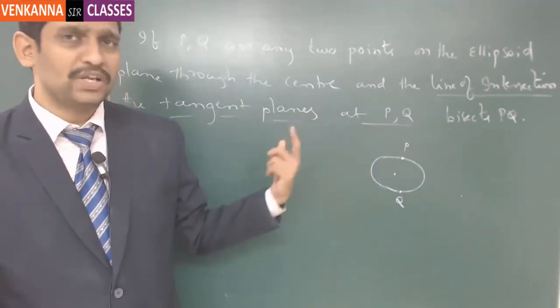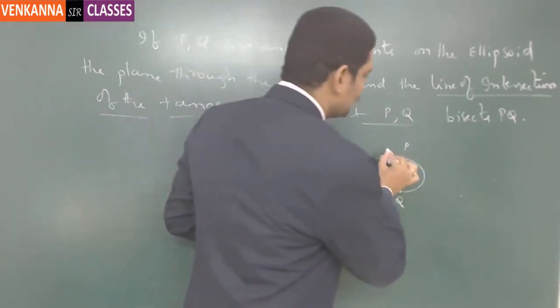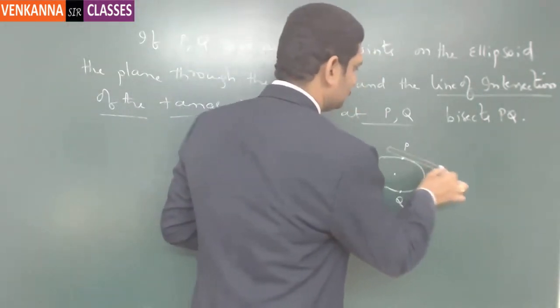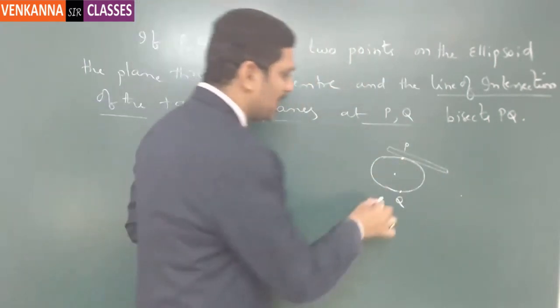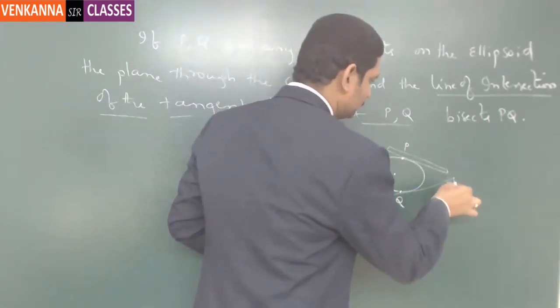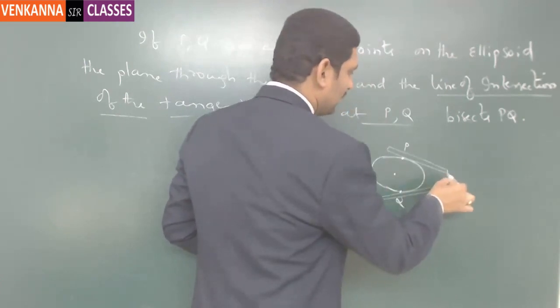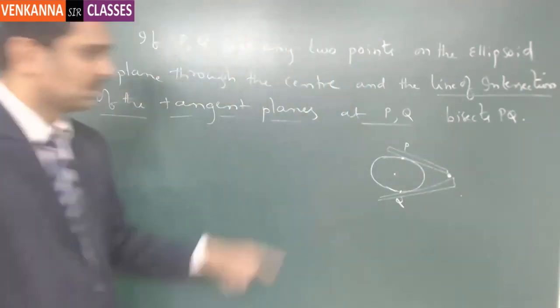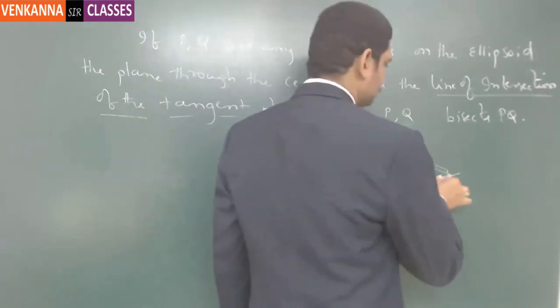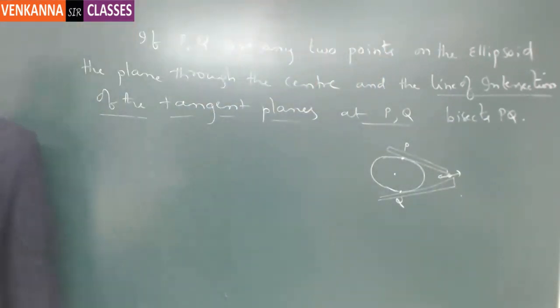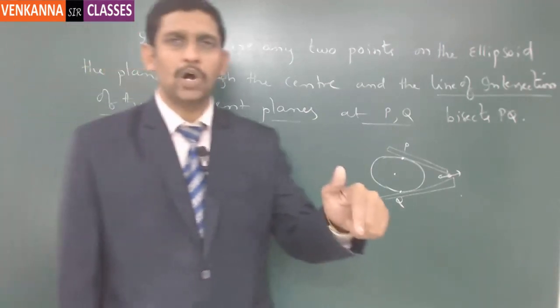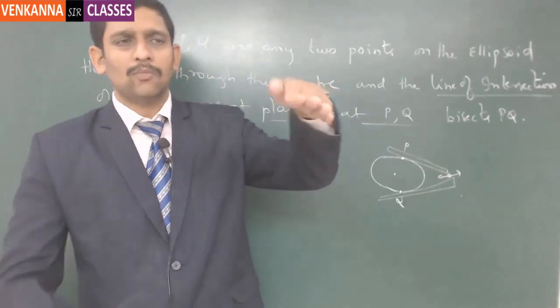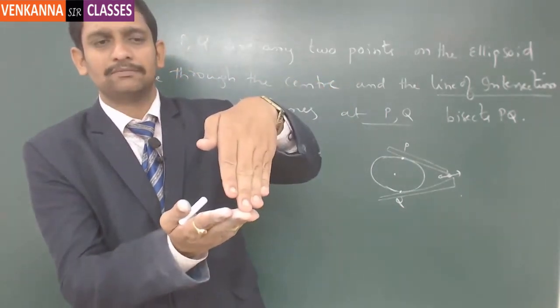So for my visualization, I feel that this is one tangent plane, and again you will have another tangent plane. So you will get the line of intersection here. There you will get a line. Clear to all? It is just like you take a ball, on top of it, on bottom of it, you place two planes like this, two planks.